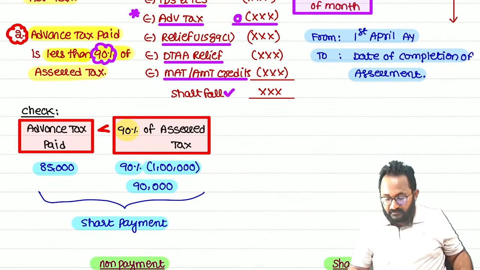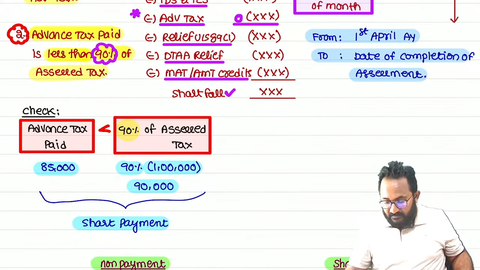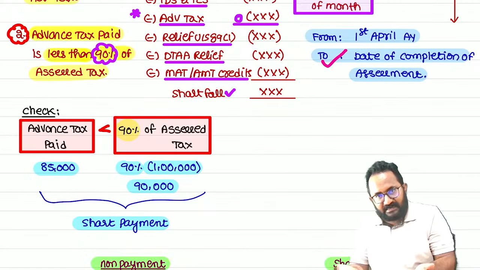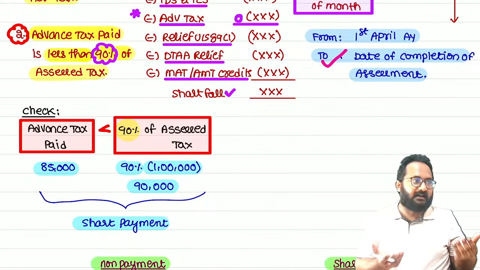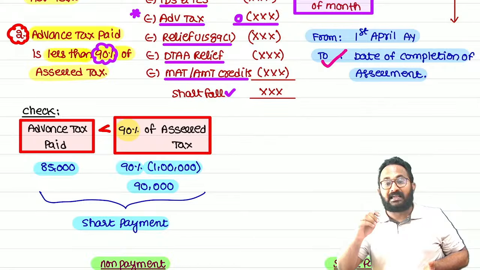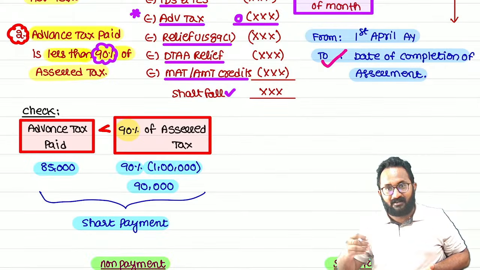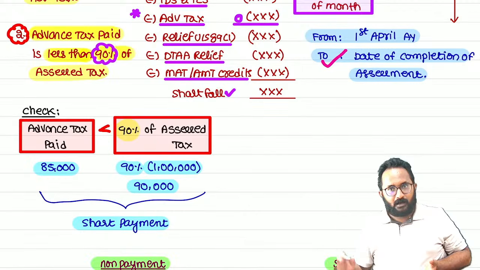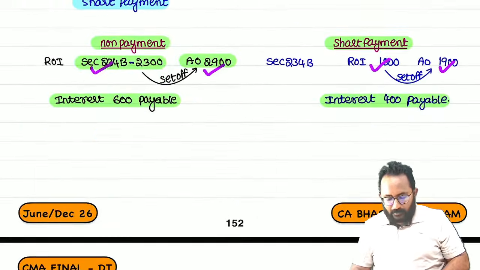Here, assessment completion date at the time of SSC computation means the return filing date, which is the self-assessment completion. At the time of AO computation, we have to take the AO assessment completion time. Understood? Both times we have to compute.